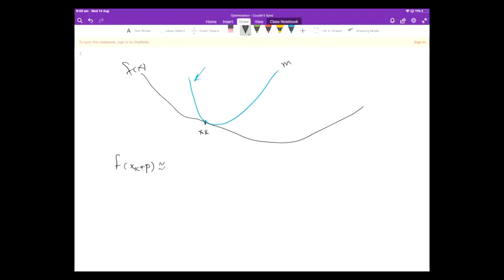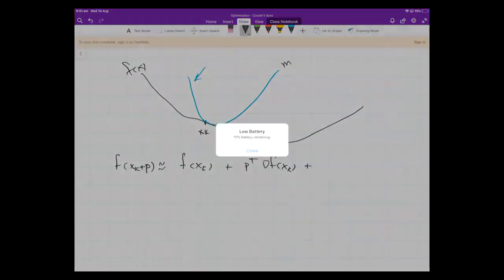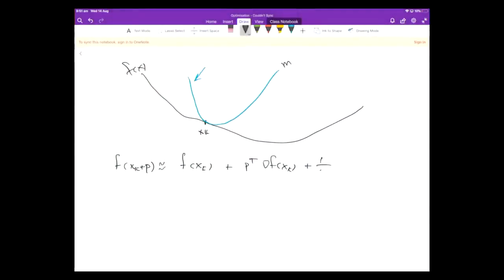Can someone tell me what is the Taylor's series in the vicinity of xk? Mark, do you remember? Yeah, good. xk plus grad of f at xk, plus one half, and the Hessian.